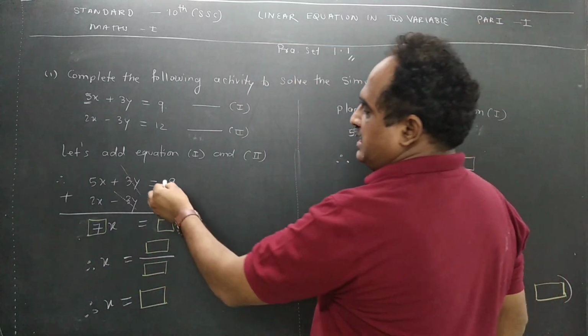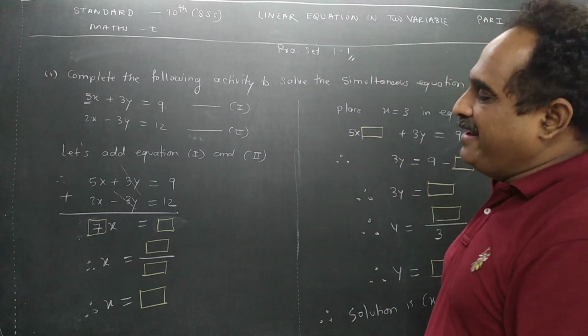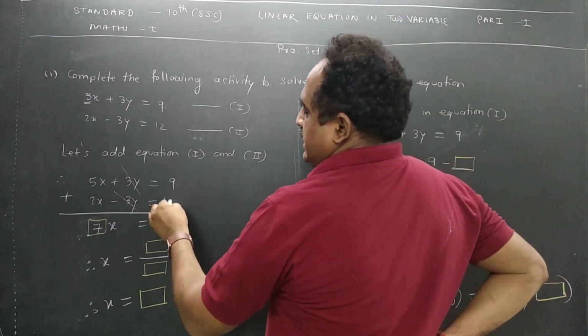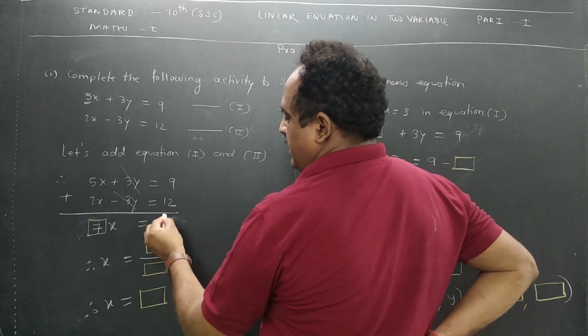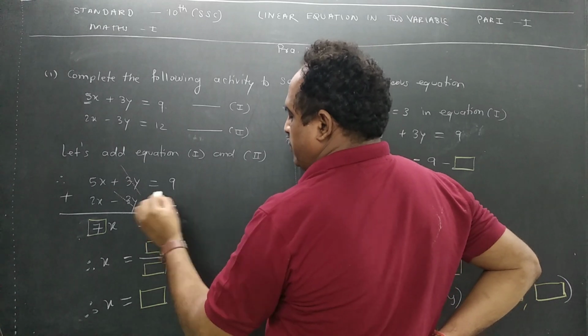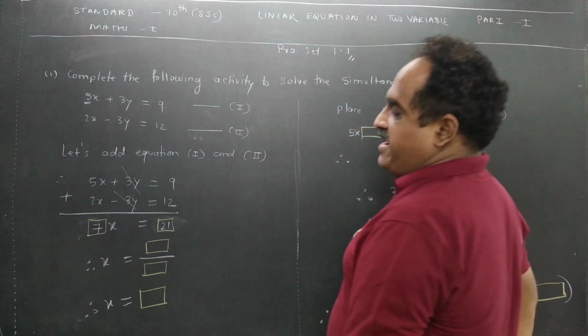Here the sign is plus, here it is plus, and when I add them, 9 plus 12 is 21. Is it right? So 7x is equal to 21.